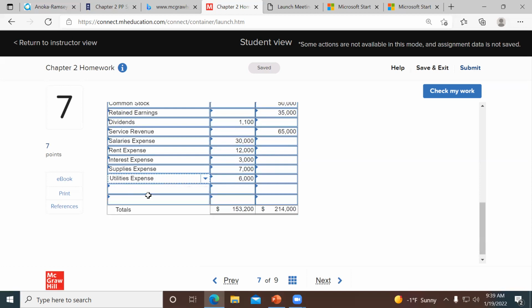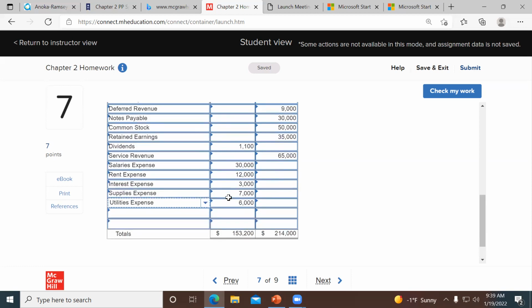Okay, now guys, how are we going to figure out what the equipment should be? Don't our debits need to equal our credits? And right now, how off are they? 60,800.